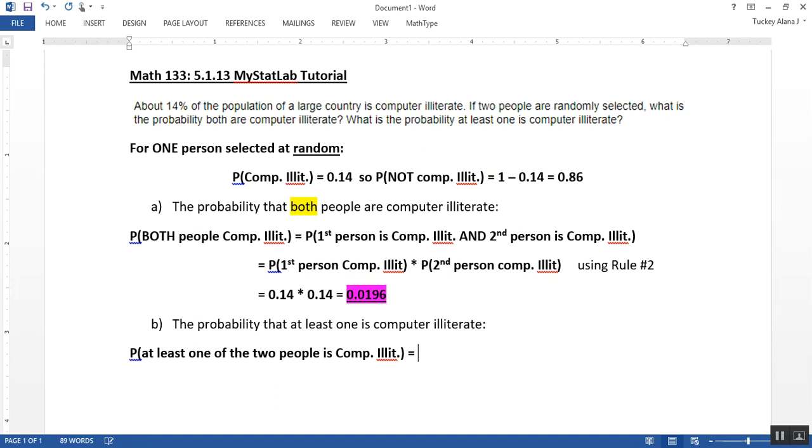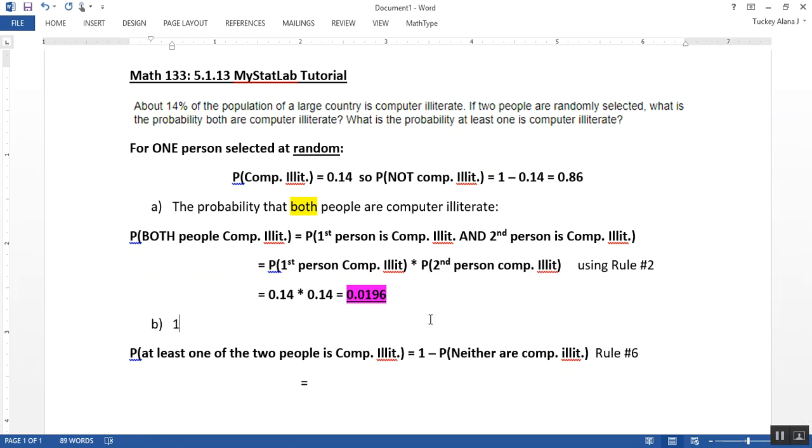Well, according to rule number 6, that's 1 minus the probability that none, or neither if you want, because there's only 2 of them, are computer illiterate. So that's rule number 6. Okay, well that would be equal to 1 minus.